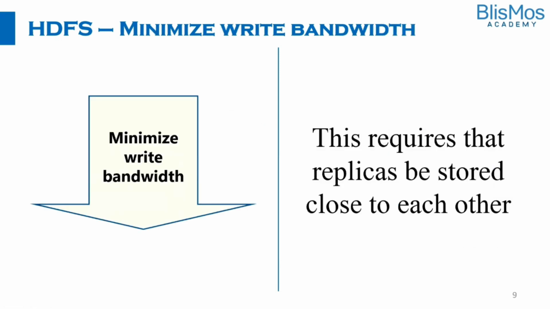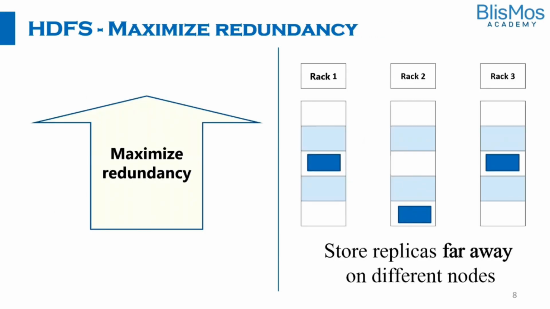Storing the data in faraway locations really helps us to minimize the loss of data. In case there is any loss, we'll be able to quickly recover the data from rack 2 or rack 3. What happens in maximum redundancy is that we store the replicas far away on different nodes.